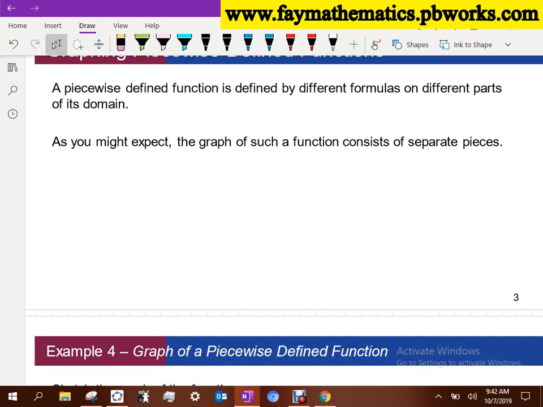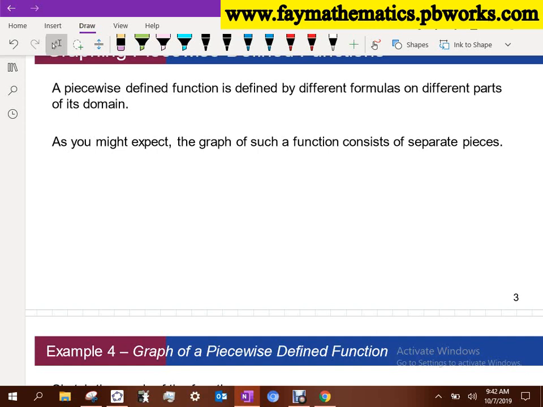so the piecewise defined function, ultimately what it is, is a function, so it passes the vertical line test, but for different sections of the domain, we have different rules, meaning we have different formulas for different parts of the domain. So along the x-axis, okay, maybe between two x values, you graph x squared.